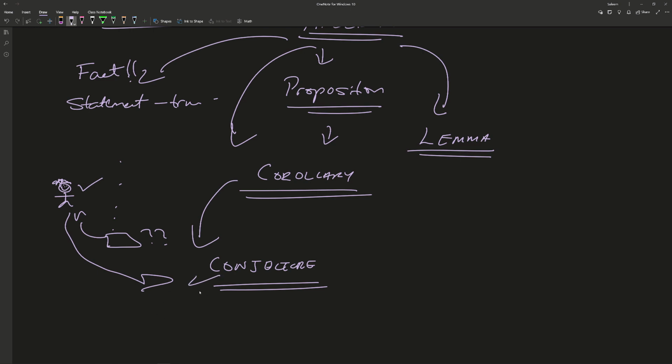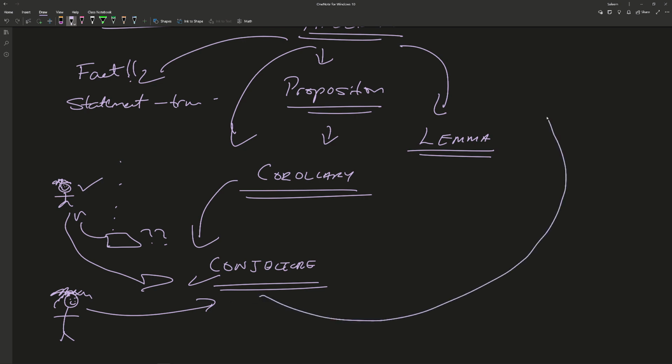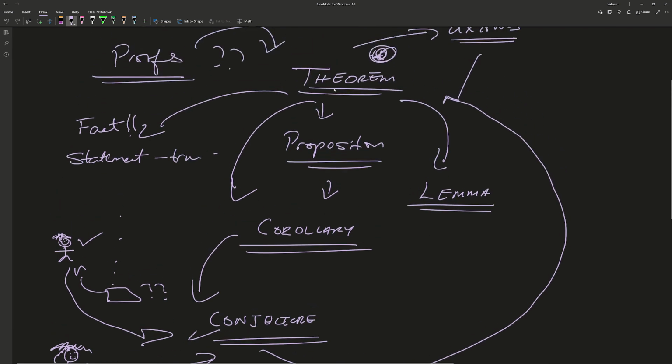Now, in the event that someone else comes along, Professor M or L, whatever, and says, hey, I can prove this conjecture, right? And if they are successful in proving this conjecture, then this conjecture becomes a theorem. So we reach right back here at the top.